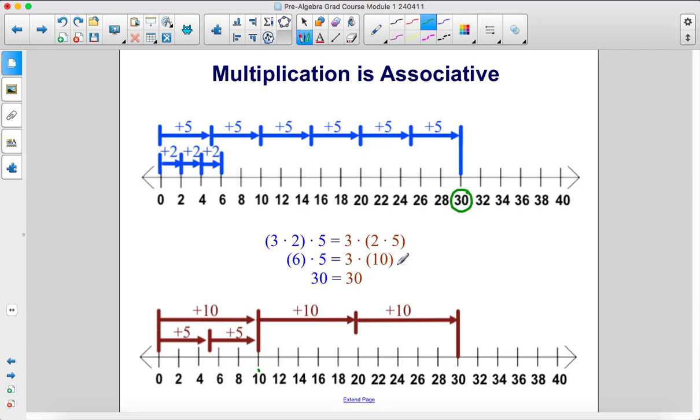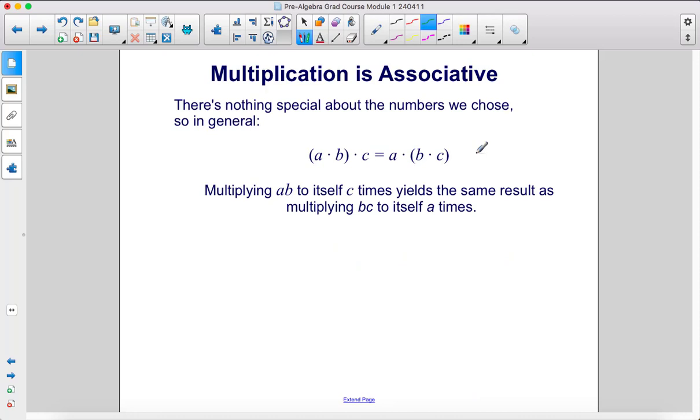We end up at 10. 10 times 3, 3 groups of 10, or 10 added to itself 3 times. We still end up at 30. There's nothing special about the numbers we chose, so in general, this is true. Multiplying A B to itself C times yields the same result as multiplying B C to itself A times.